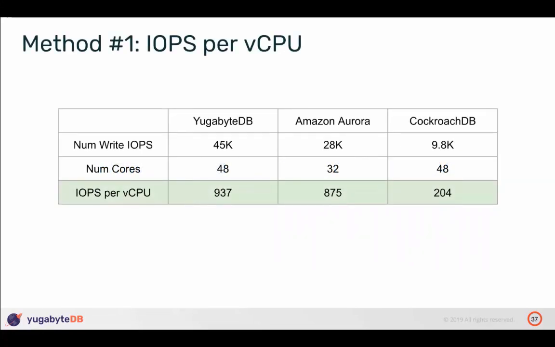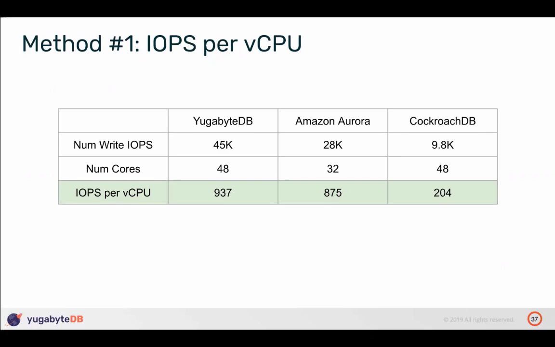Well, the first way is to normalize the total number of IOPS you get per vCPU. If you take YugaByte, it does 45,000 writes, but it takes 48 cores to deliver that. So you divide those two numbers, and you get 937 IOPS per vCPU. If you do the same calculation for Amazon Aurora, you come up with 875.